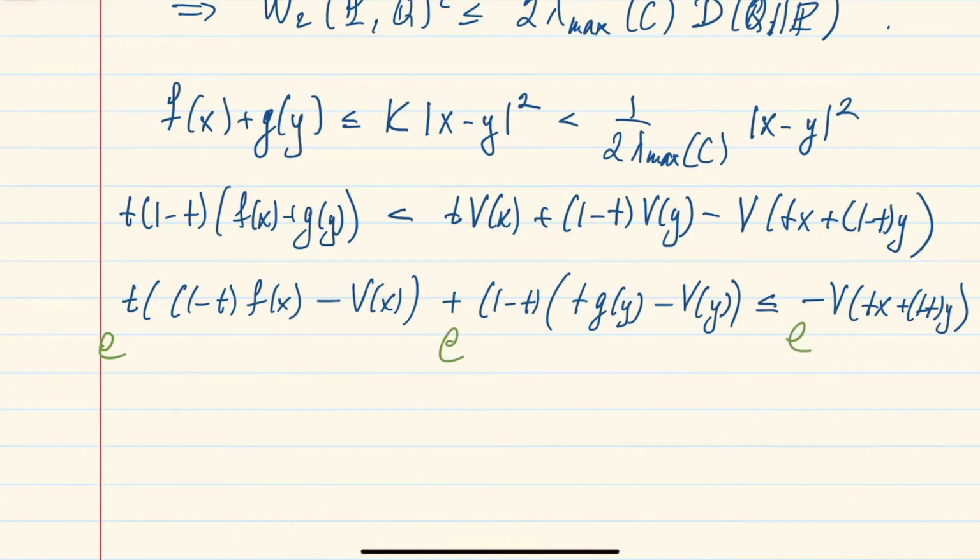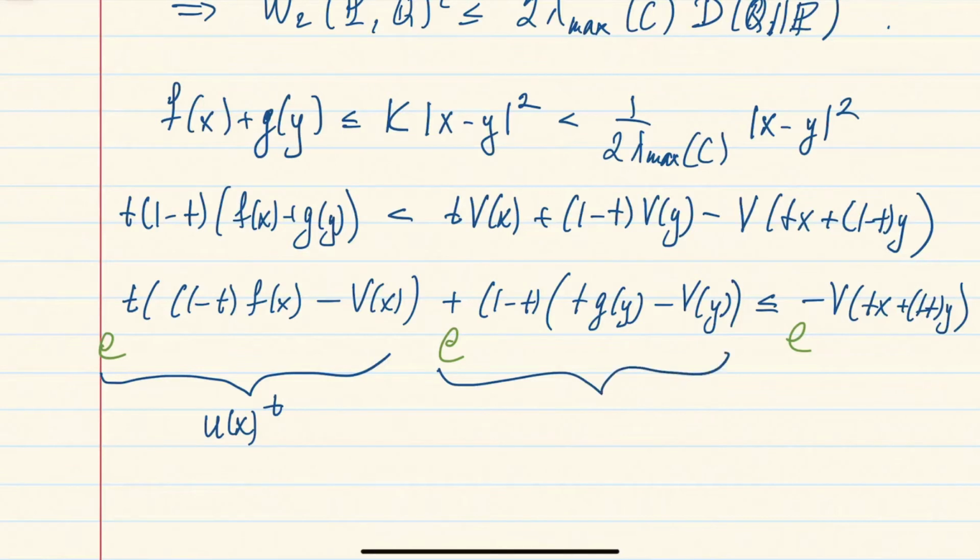And then we think of this first factor here as some function u of x to the power t, and then the second factor, we think of this as some function v of y to the power 1 minus t, and the right hand side we just think of this as w at the convex combination tx plus 1 minus ty.